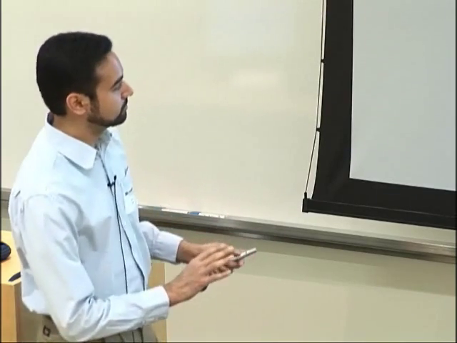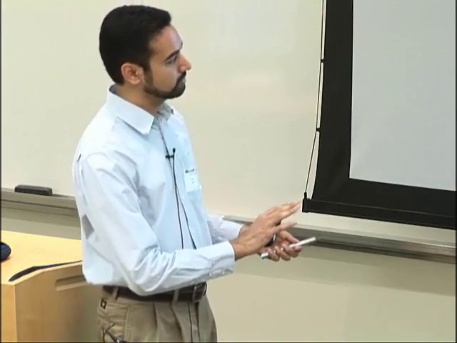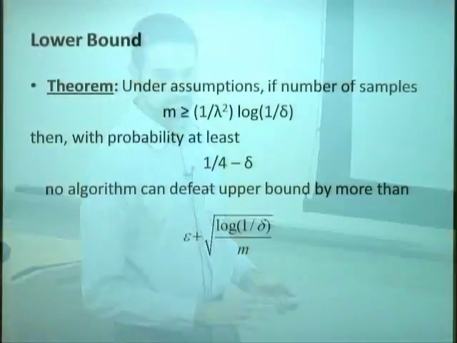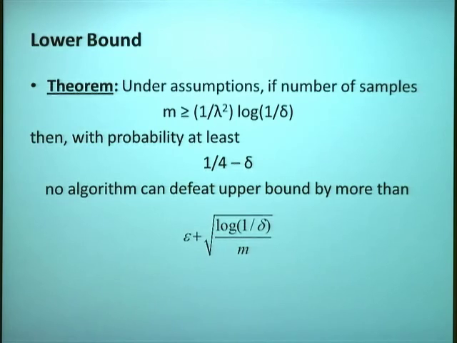In other words, there's no algorithm that can guarantee with high probability a generalization error bound that's more than this much better than the upper bound that I showed you. And again, here lambda is from the stability assumption, and epsilon is from the truth-telling assumption.